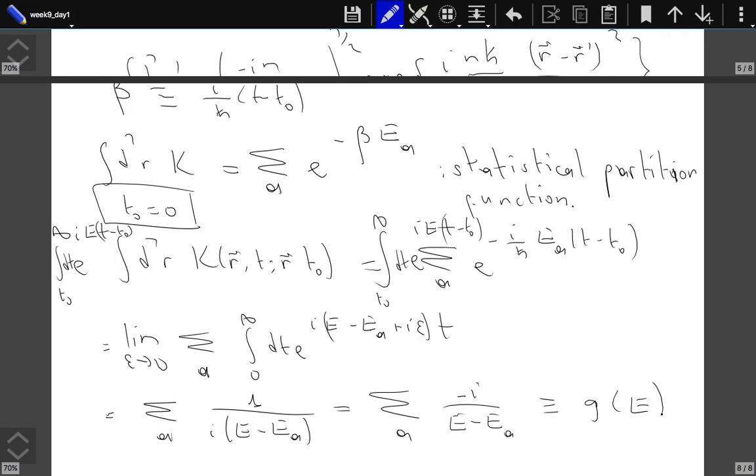So in the simple example of the free particle, what we did was first solve the time-independent Schrödinger equation to obtain the energy eigenkets, and then from those we obtained K. But now this tells me that if you can calculate K by some other means, not necessarily by solving the time-independent Schrödinger equation, you can find the spectrum from K also.